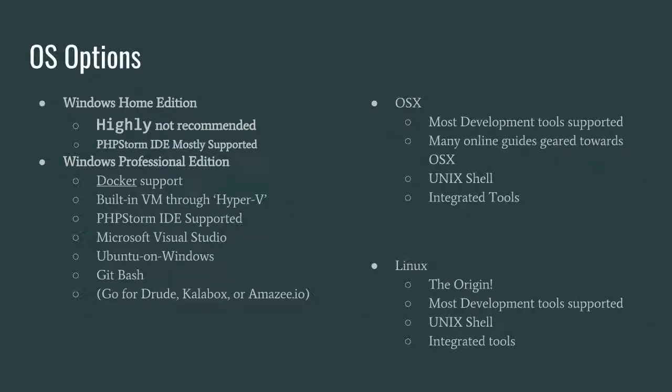All right, so choosing an operating system. I'm not going to make a recommendation any given way, other than, and you'll see it's like 17, 18-point font. For those of you who were here a few minutes ago, before we started, I mentioned as well, if you're going to be doing PHP development, Windows Home Edition just doesn't work.